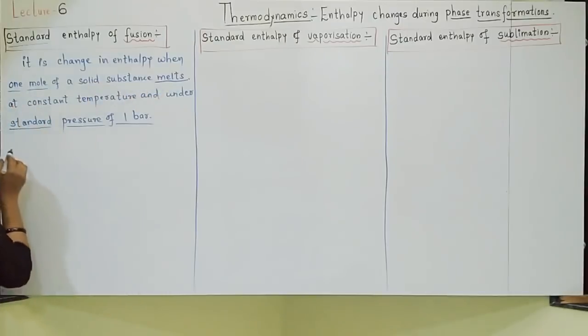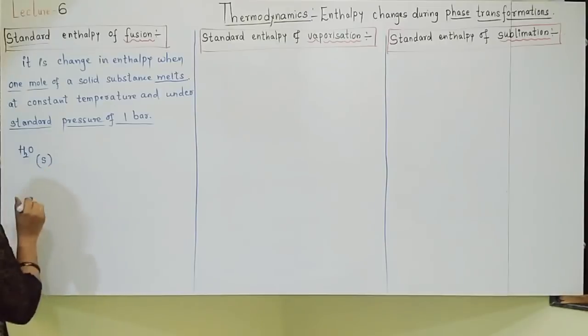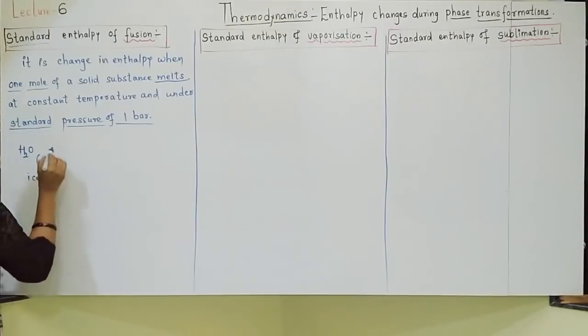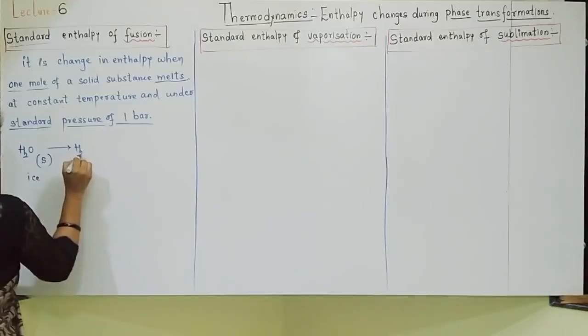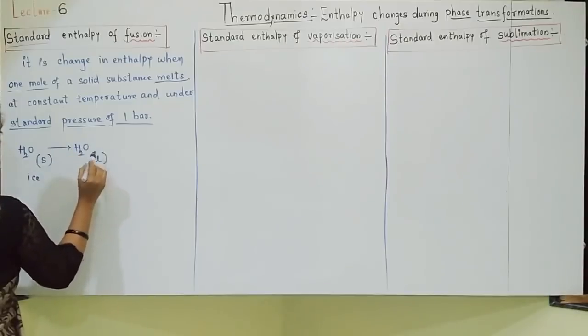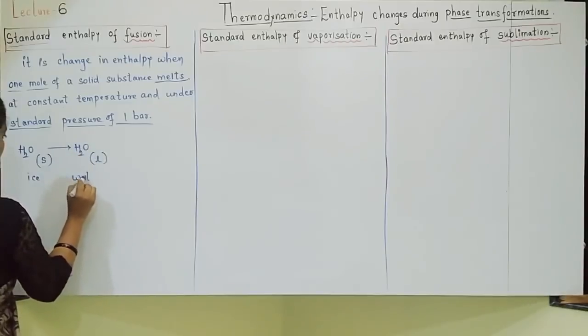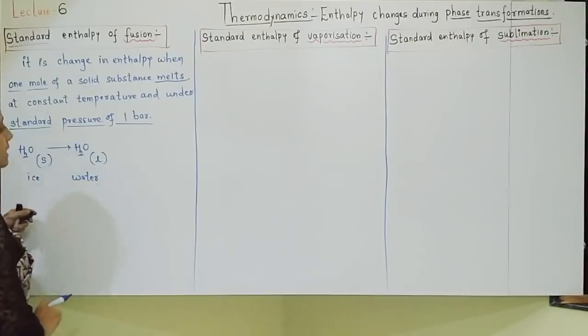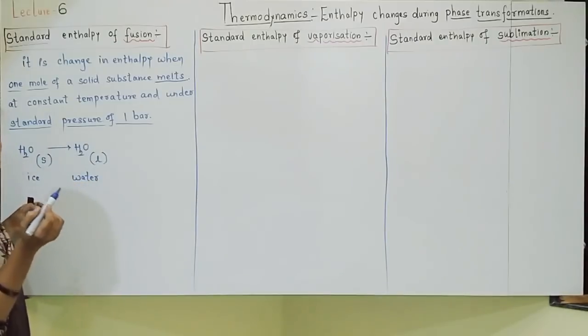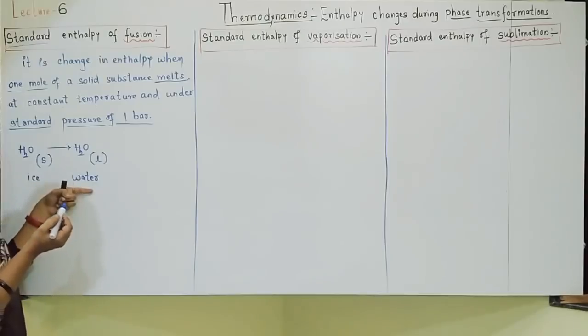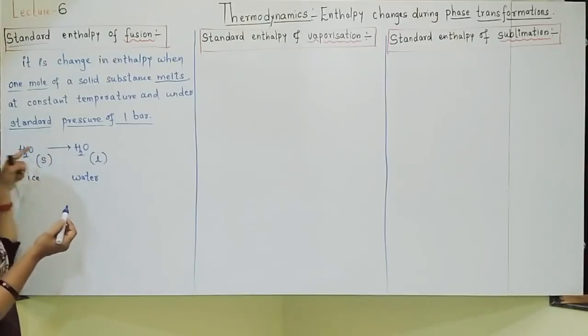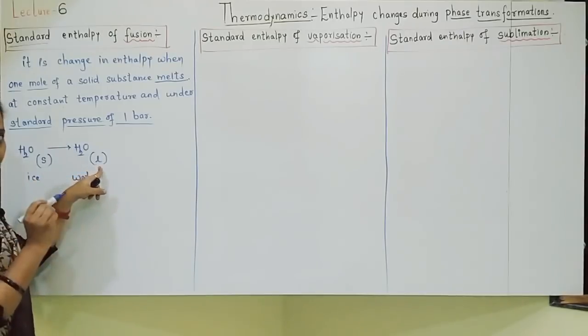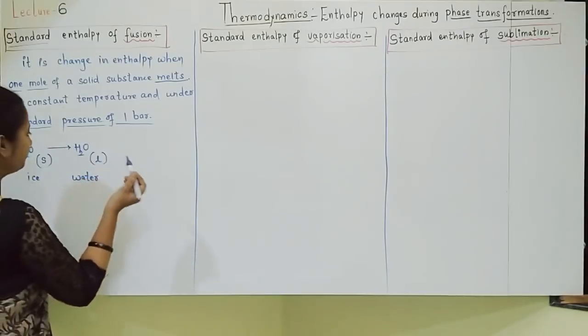Let us take an example. A solid substance, let us take water in ice form, so I am writing like this. It is melting, so it is becoming liquid. Ice melting is an example of a solid substance melting. I have taken the example of ice melting into water. Ice and water have the same formula, but ice is solid and water is liquid. Physical state should be mentioned.